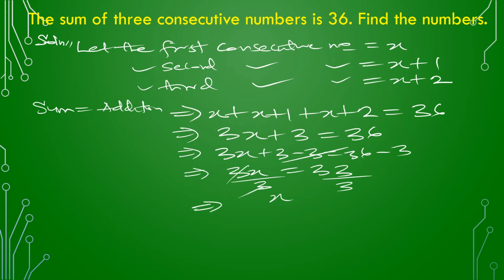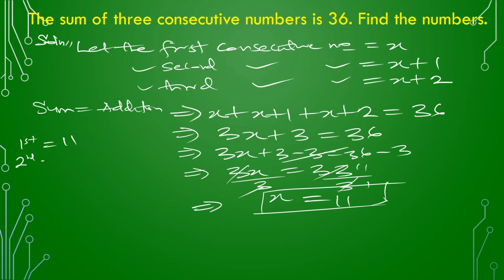Dividing both sides by 3, this will go. It simply means x is equal to 11. 3 ones are 3, 3 elevens are 33. So x is equal to 11. So the first consecutive number, which is x, is equal to 11. The second consecutive, we said, is x plus 1, which is 11 plus 1, which is equal to 12.